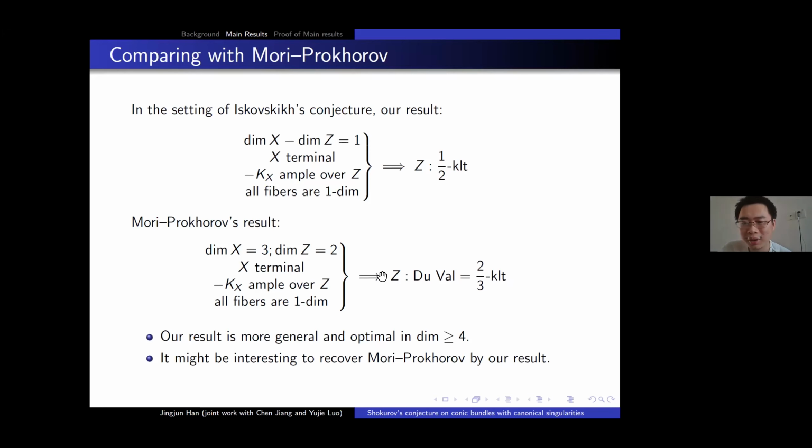So this means that we can replace the conclusion that the MLD is larger than or equal to 1 by the MLD is larger than 2/3. So they show that the singularity of Z is of 2/3-KLT. And so you can see that there's some gap between 1/2 and 2/3.